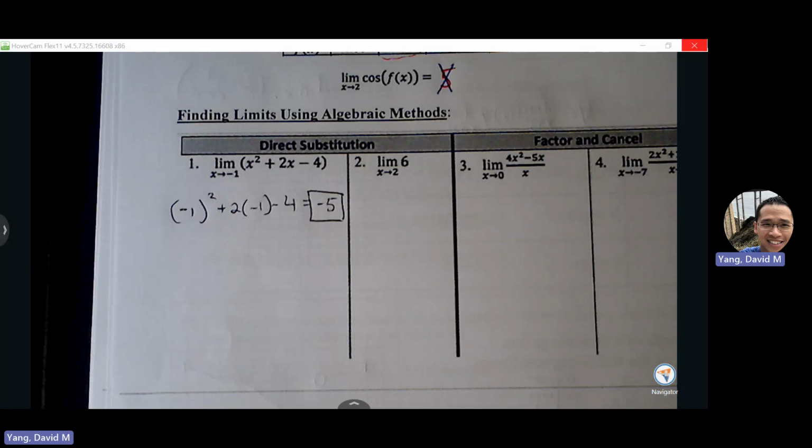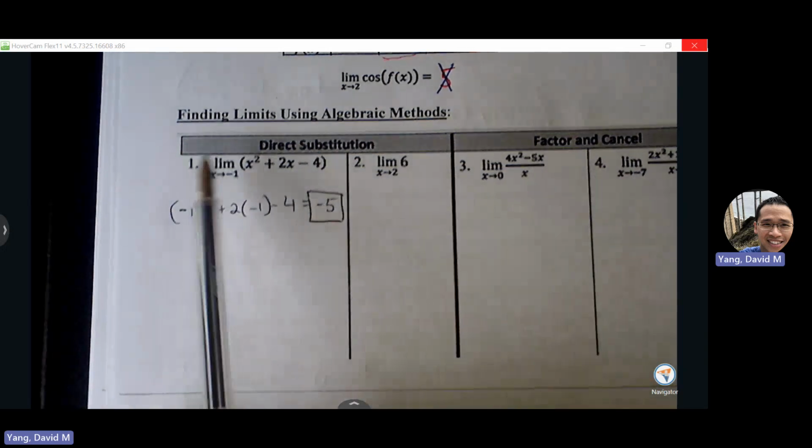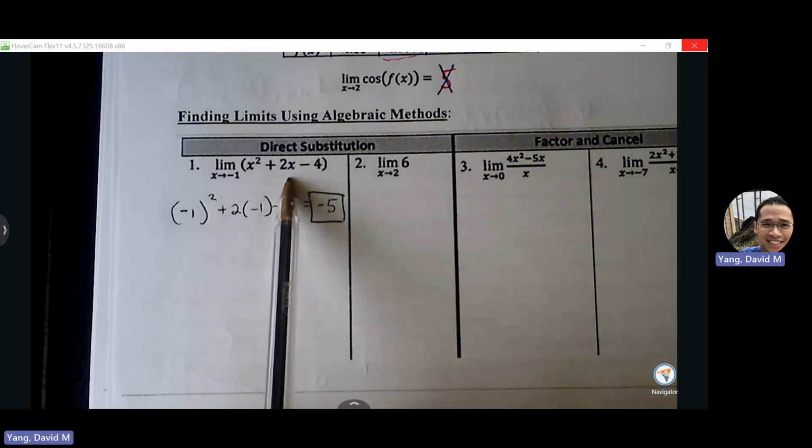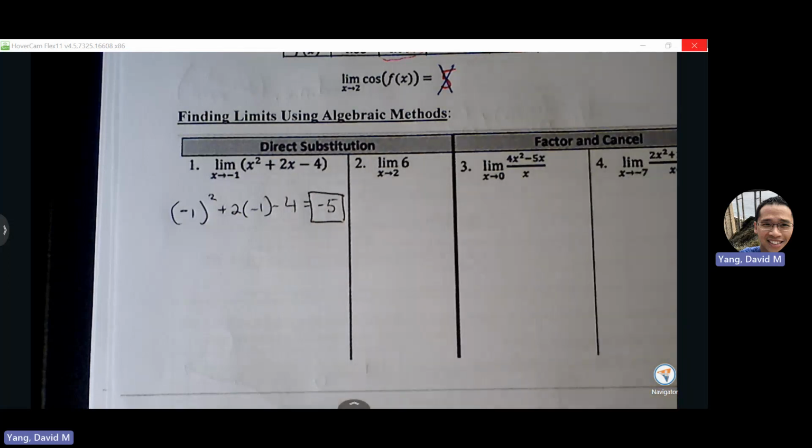There's nothing more to do. This indicates that it's a continuous function. Your ordered pair is going to be the same as your limit, so you're not going to do anything different. Only if we get something undefined or something a little strange do we have to step back and do more work to find the limit, especially if there's a hole.